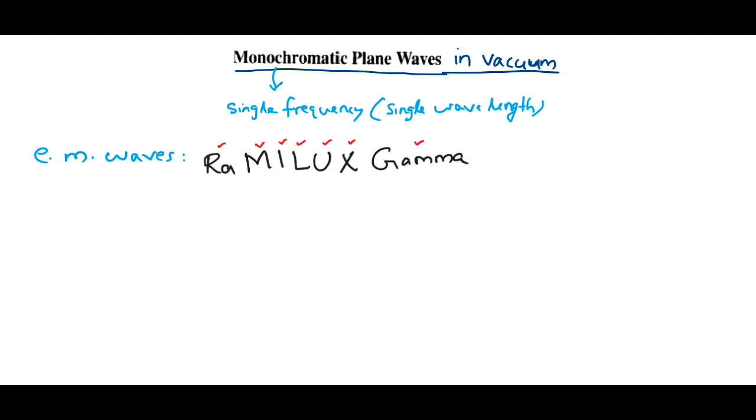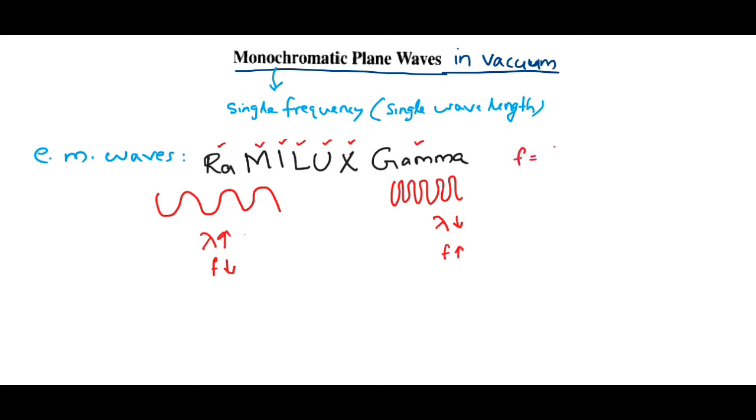I have written this in the decreasing order of the wavelength. Radio wave has the larger wavelength and the gamma ray has the shorter wavelength. Where lambda is larger, frequency is smaller, and where lambda is smaller, frequency is larger, because f is equal to c by lambda.